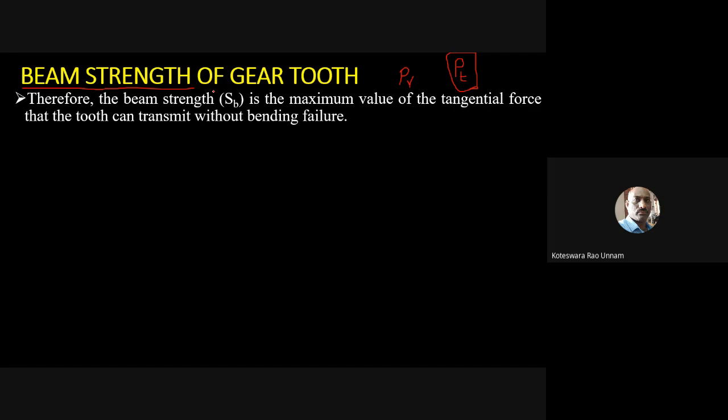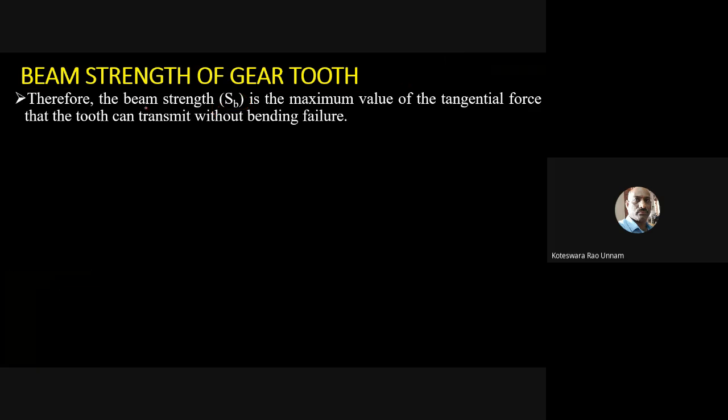Stress concentration is ignored, and one more assumption is that only one pair of teeth will take the total load. With those assumptions, we derive an expression for the beam strength, which is in terms of PT. The maximum value of PT corresponding to the maximum tangential force, we call the beam strength. That is the definition here.